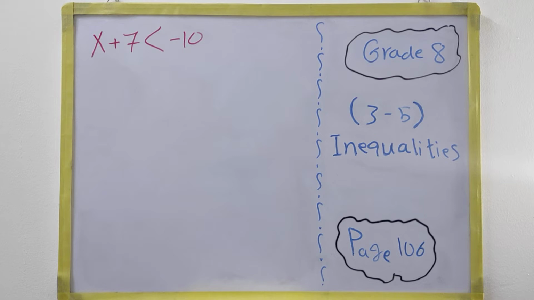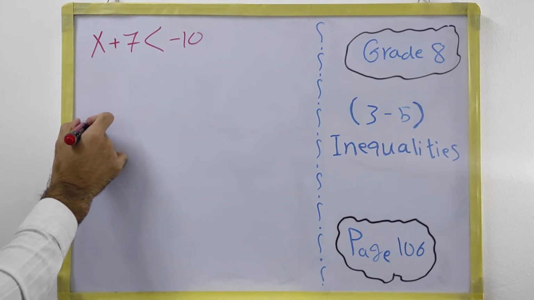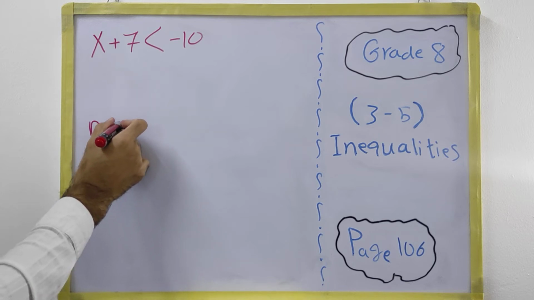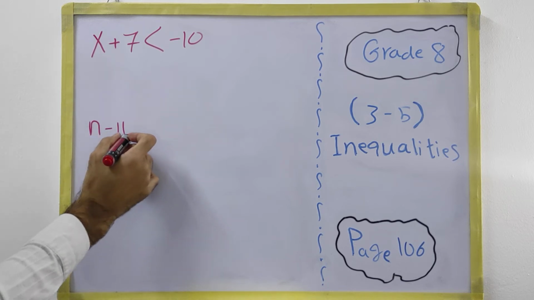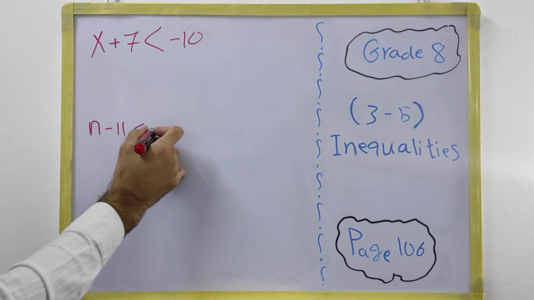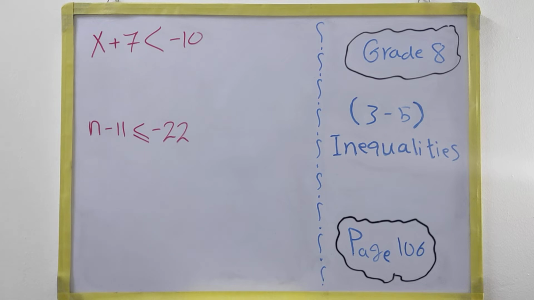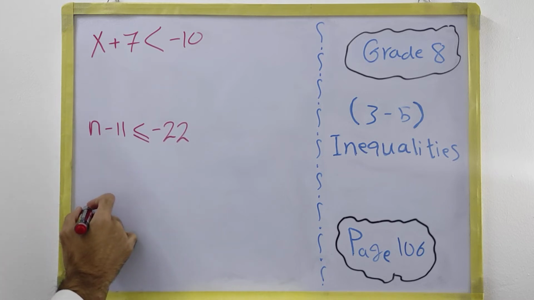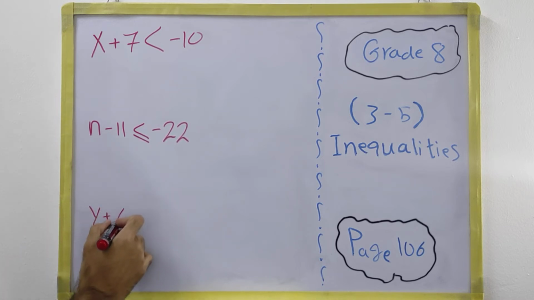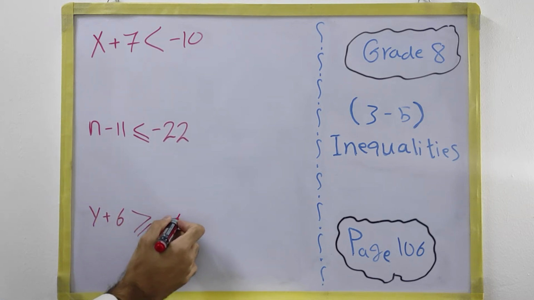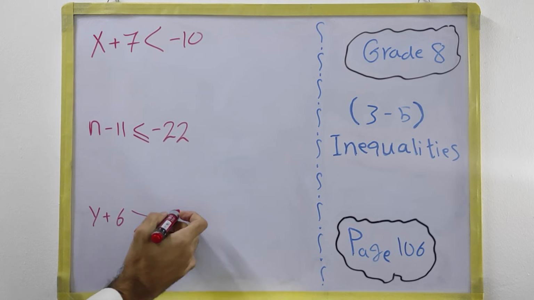This is one of the examples, and let's write another one, which is n minus 11 less than or equal to negative 22. And let's do another one like y plus 6 greater than or equal to negative 3. Negative 3, not 6.